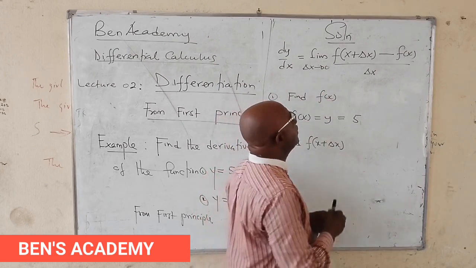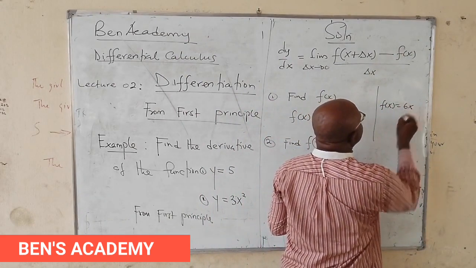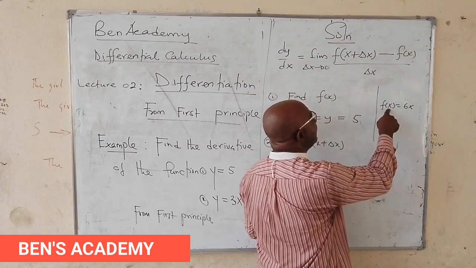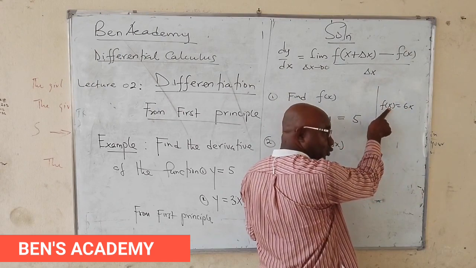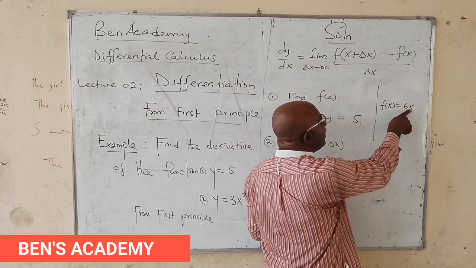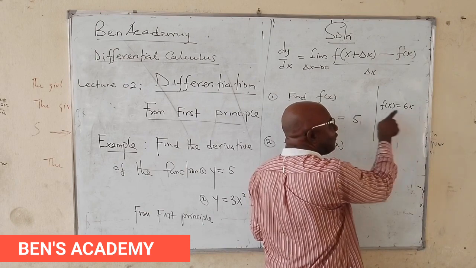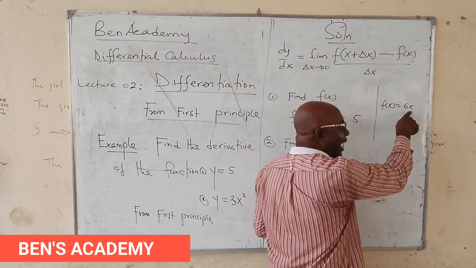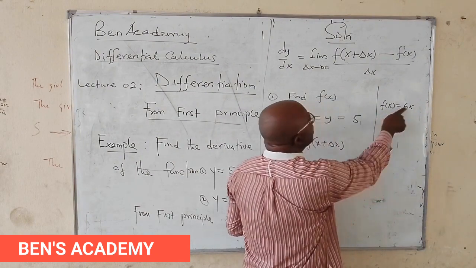For example, if I have f of x equal to 6x, and I substitute 2 here, 2 will definitely appear here. So if the input is 2, there will be a corresponding output, which is when you replace x by 2. That means 6 times 2 is equal to what? 12. So anything that is here will also appear here.